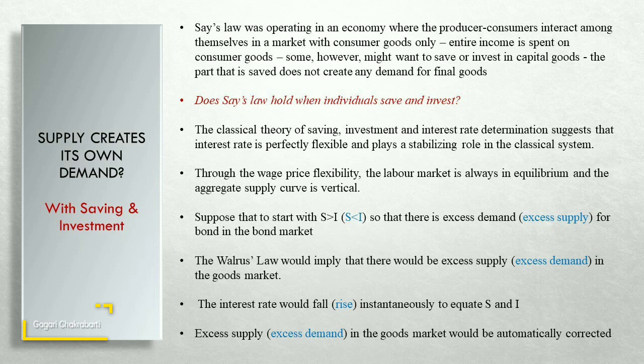So we find a strict dichotomy between the real sector and the monetary sector in the classical model. The real output and real employment will be determined in the real sector by real factors, particularly the supply side factors, whereas the quantity of money will determine only the price level.